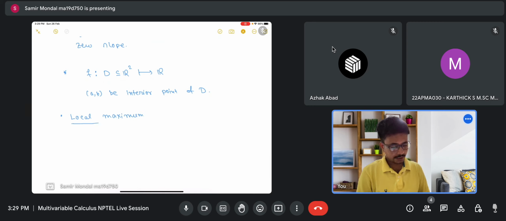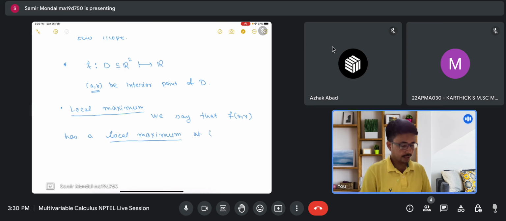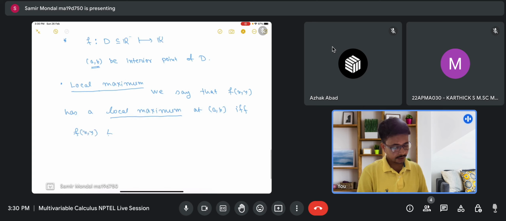So when will we say that f has a local maxima at the point (a, b)? We say that f of x, y has a local maxima at the point (a, b) if f of x, y is less than or equal to f of a, b for all (x, y) belonging to D and near to (a, b).